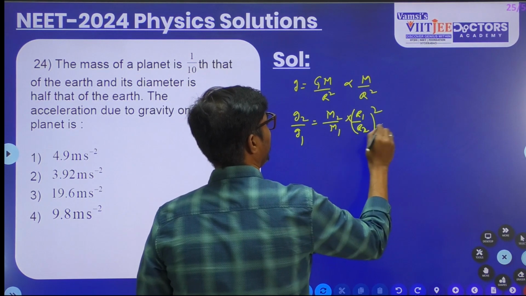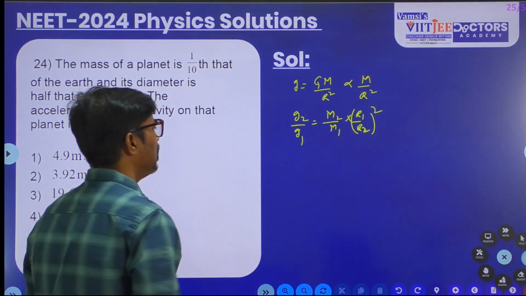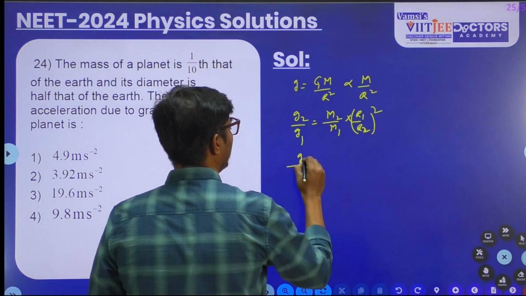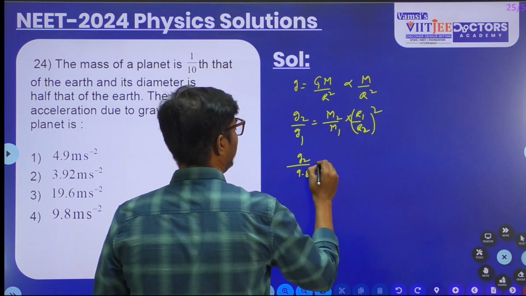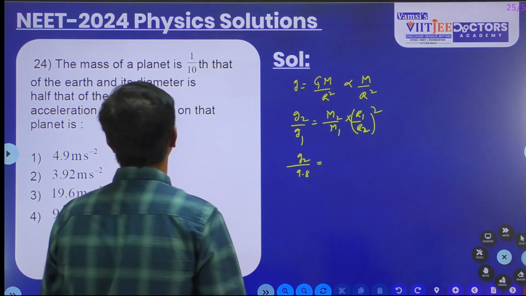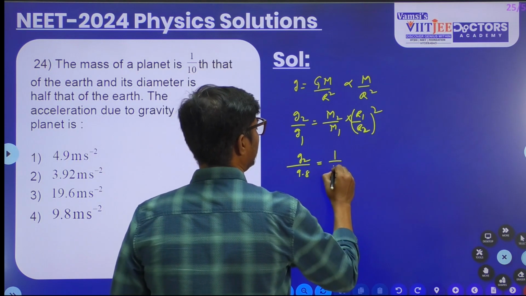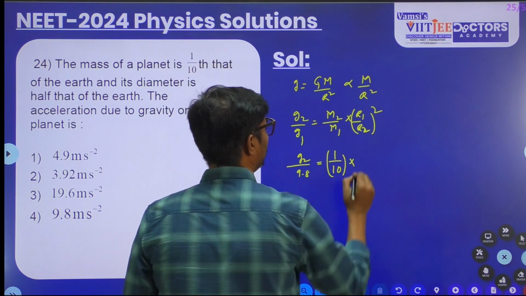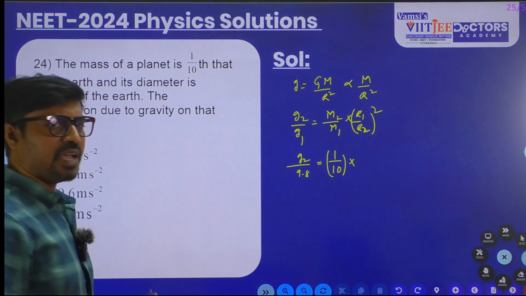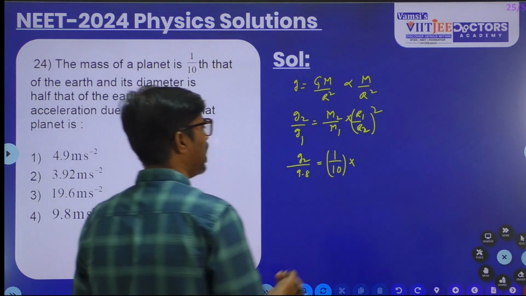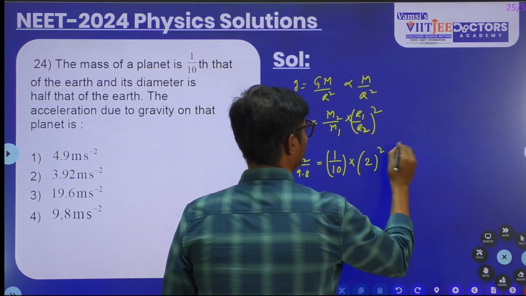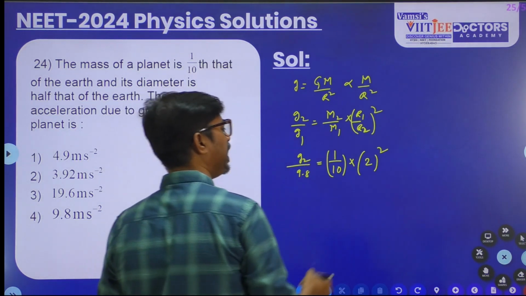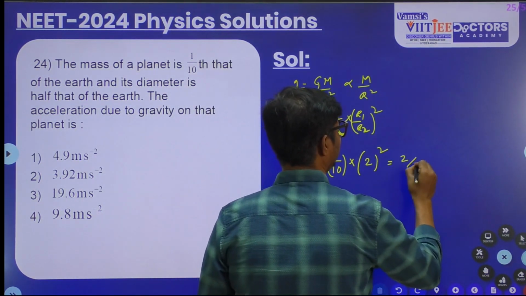This kind of ratio questions are very common. So g2 by g1, where g1 is 9.8, M2 by M1 is 1/10, mass is 1/10 they have said. Diameter is half, meaning radius is also half. I want R1 by R2, that will be 2. So you will get 4 by 10, meaning 2 by 5.